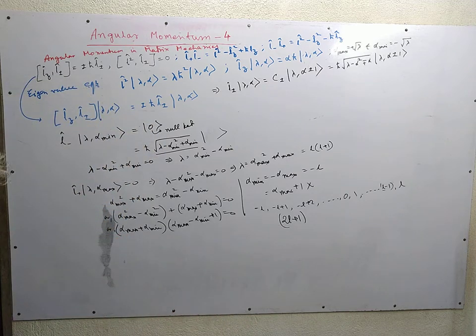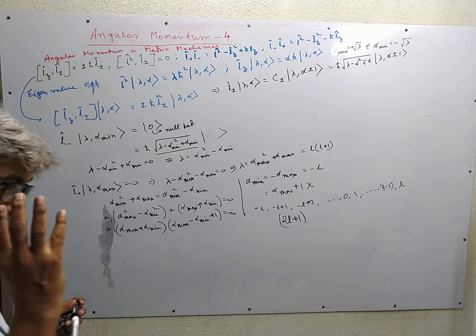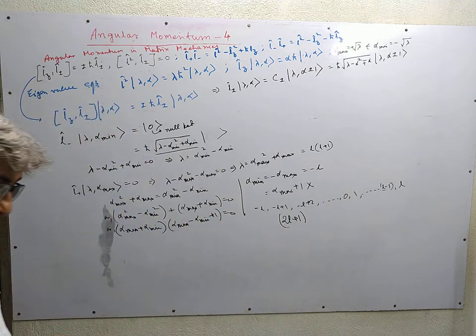Since spin does not have any classical analog, we cannot formulate any differential equation for the spin angular momentum. Remember that the differential operators that we developed for L square, Lx, Ly, Lz or L plus minus are based on Bohr's correspondence principle.